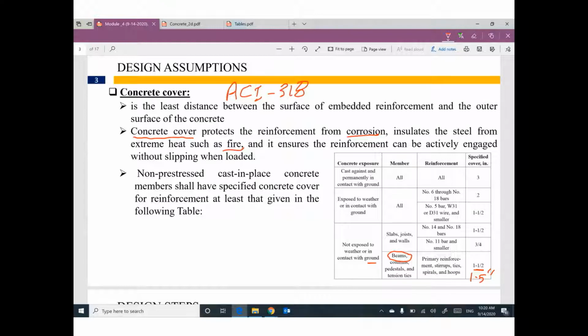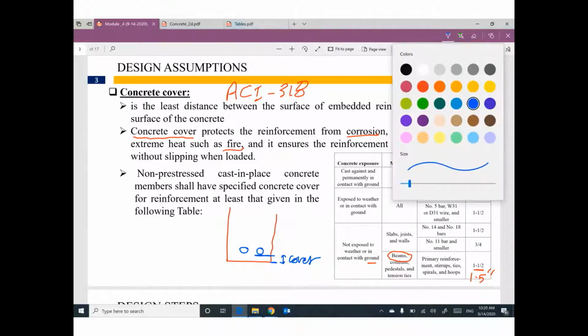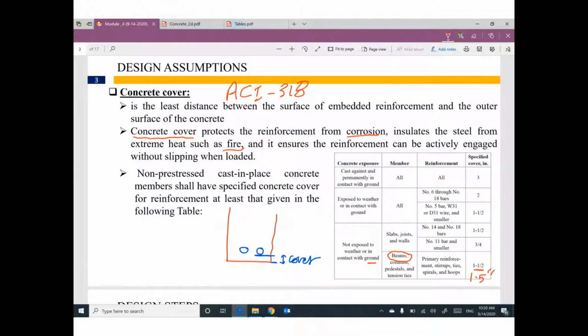And one more thing. This cover, from the bottom of the steel reinforcement to the bottom of the cross section, is the cover provided in this table. But we are looking for this distance from the center line of the steel reinforcement to the bottom.